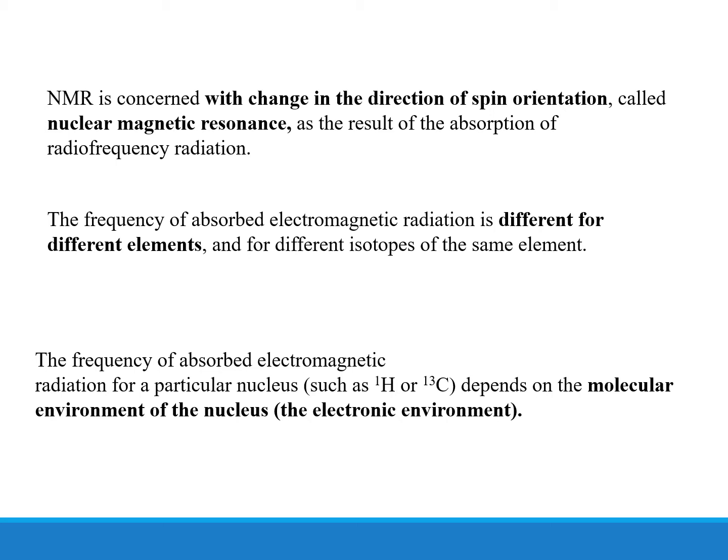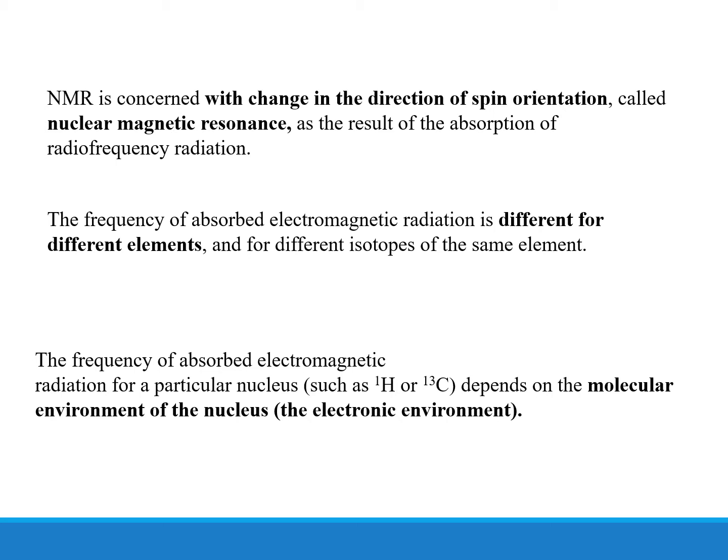So the frequency of absorbed electromagnetic radiation for a particular nucleus, such as the carbon and proton, depends mainly on the molecular environment of the nucleus.